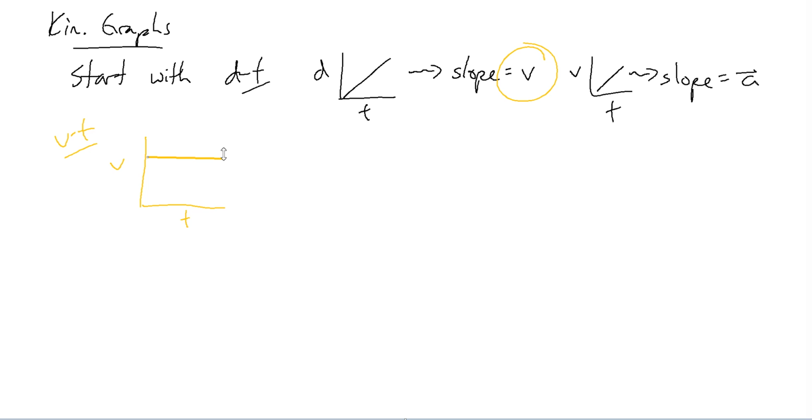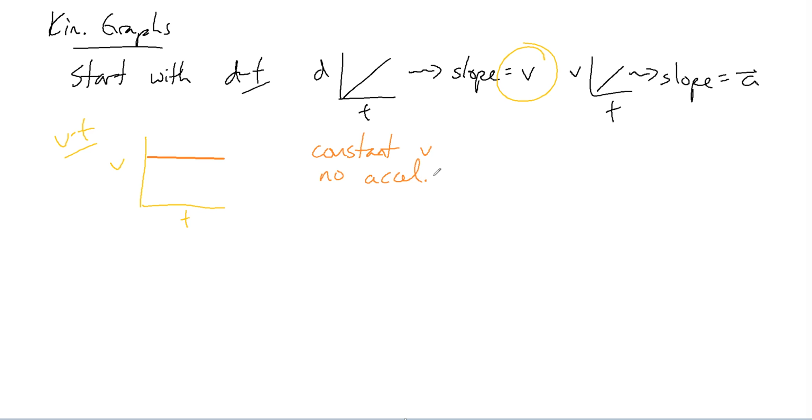This is the most simplistic VT graph you can have, just a straight line going across. I'll change the color, why not? There we go. If we have something that looks like this, of course you know this: we've got a constant speed. There is no acceleration.